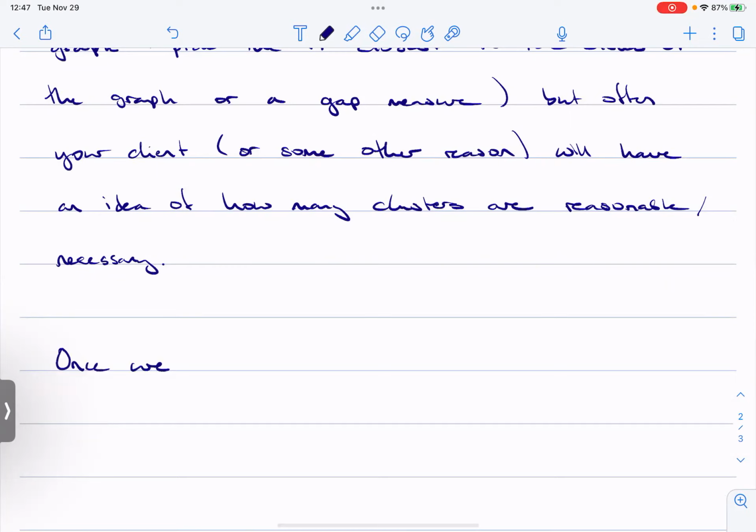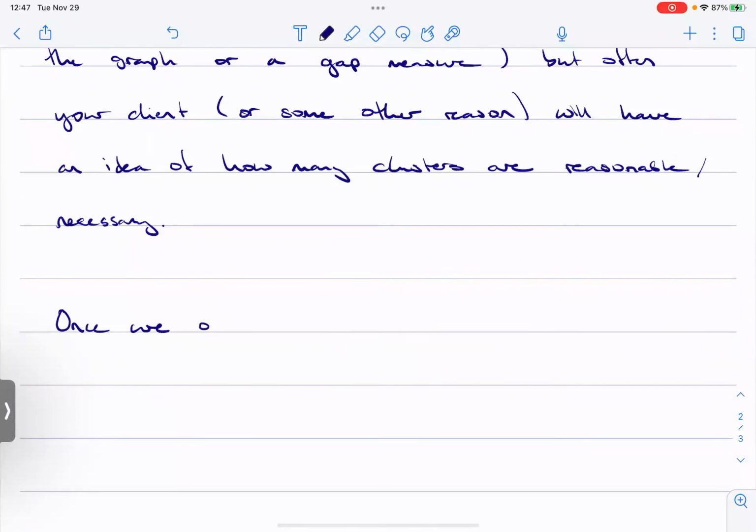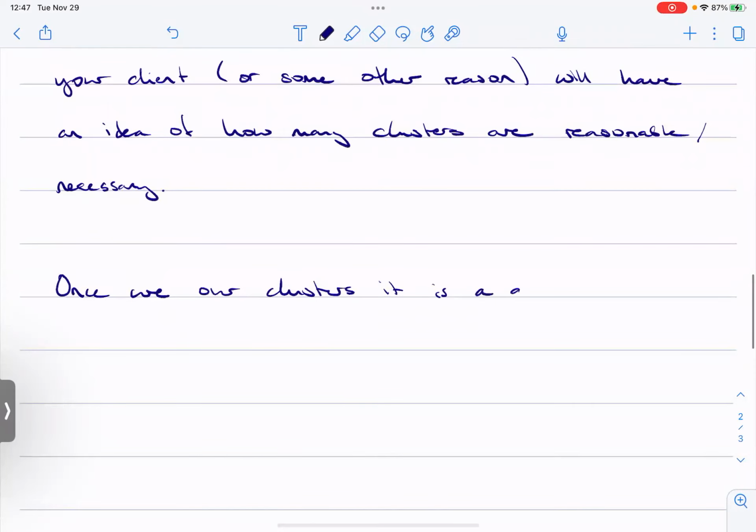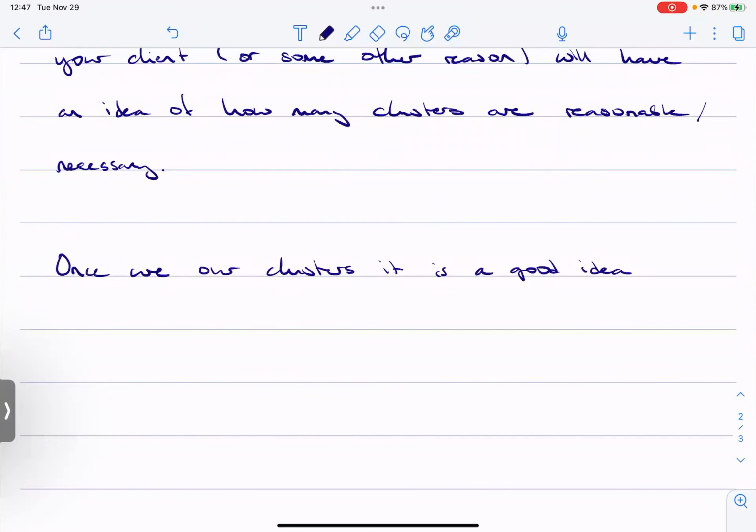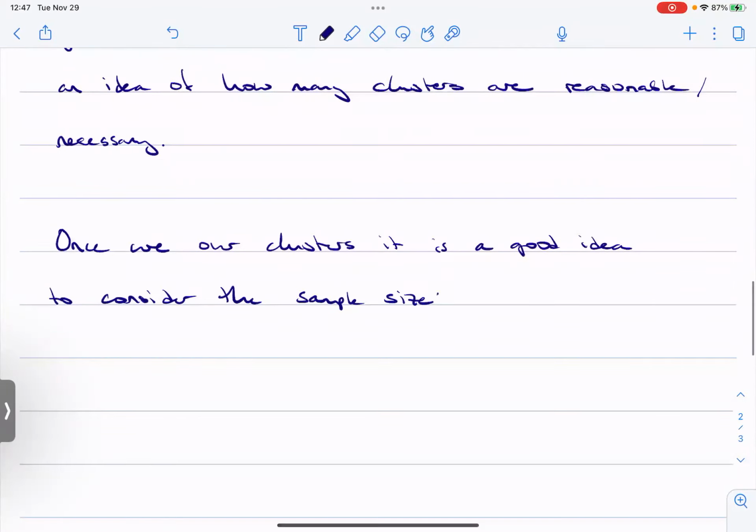So once we have our clusters, it is a good idea to consider the sample sizes of each cluster.